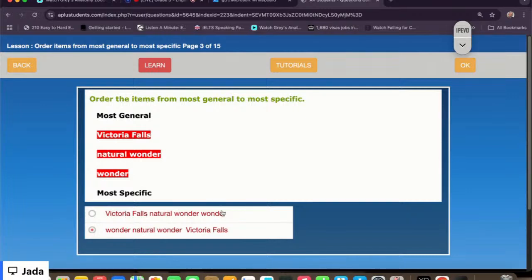All right, so we have Wonder, Natural Wonder, and then Victoria Falls.